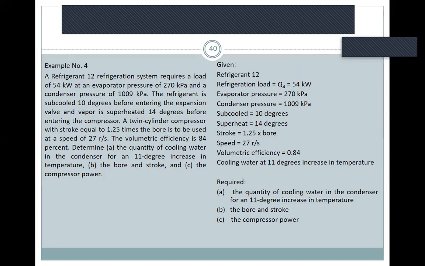Speed 27 revolutions per second. Volumetric efficiency is 0.84. Cooling water at 11 degrees increase in temperature. Required: A, the quantity of cooling water in the condenser for an 11-degree increase of temperature, B, the bore and stroke, and C, compressor power.